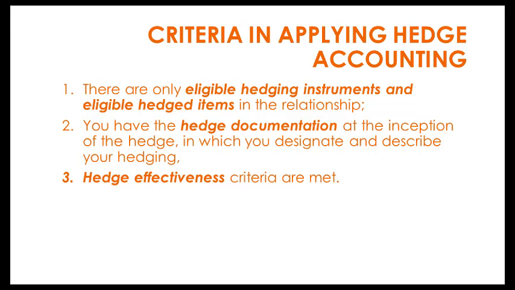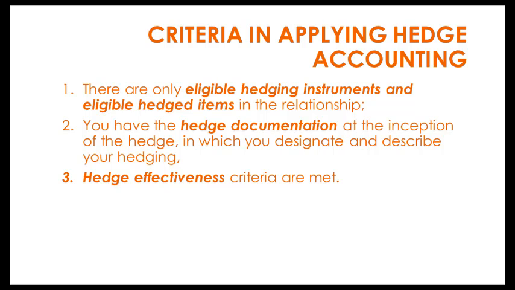Criteria in applying hedge accounting. The first one is there are only eligible hedging instruments and eligible hedge items in the relationship. The second one is you have the hedge documentation at the inception of the hedge, in which you designate and describe your hedging.